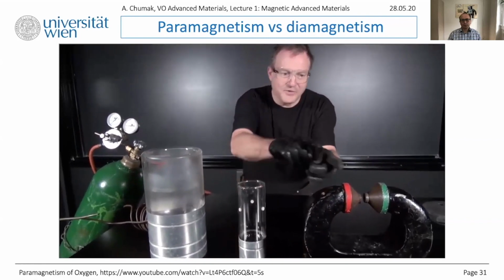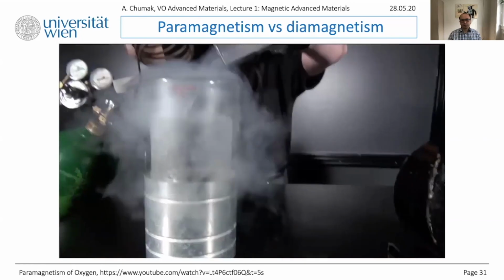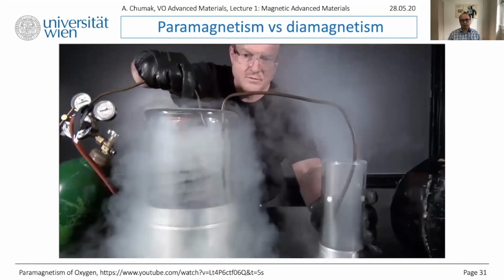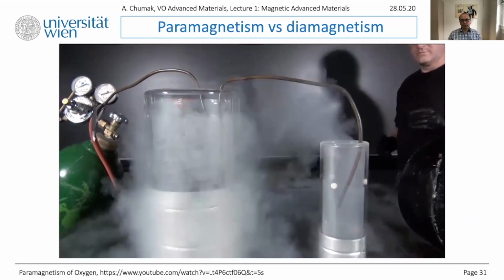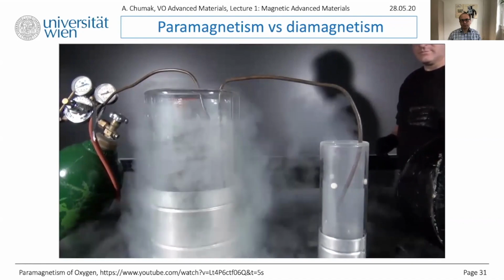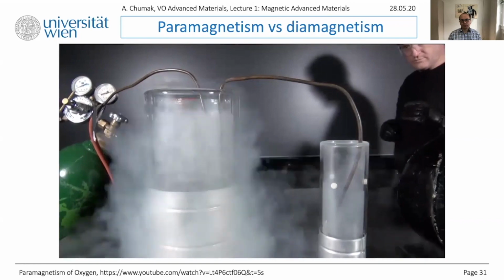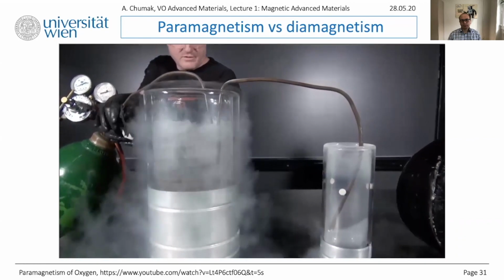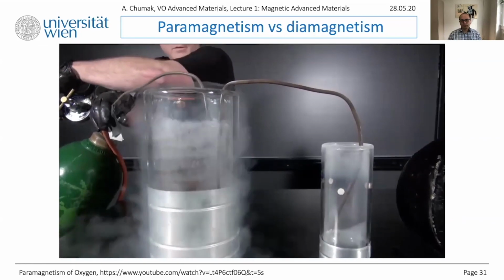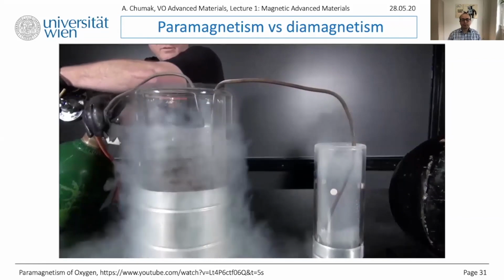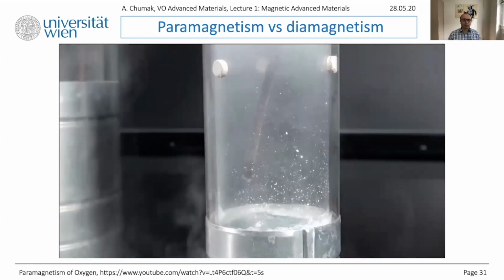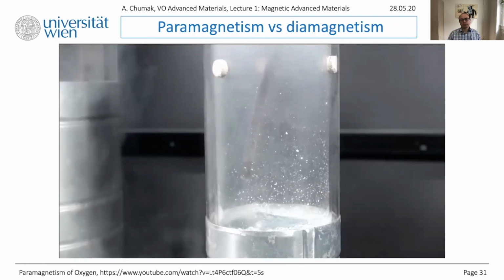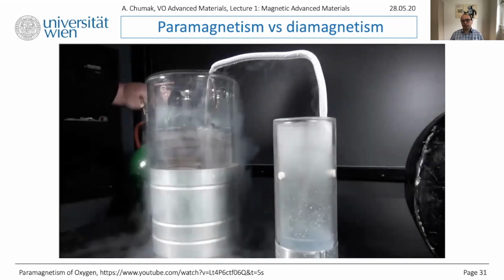We'll pour the oxygen also through the poles of the magnet, and then we're going to see if there's any difference between liquid nitrogen and liquid oxygen. This is our liquid oxygen.